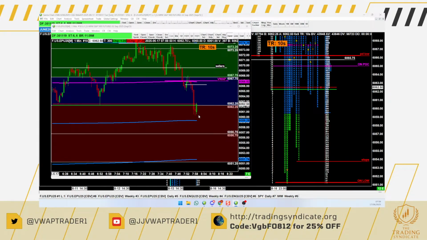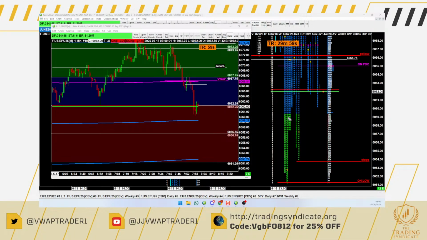So this is the back end of the move. This is the front end, distribution, back end. So now London's opening.